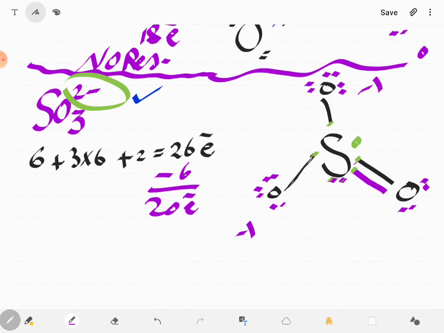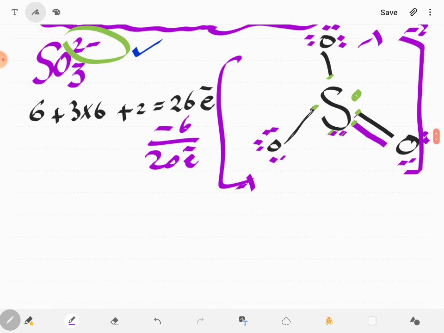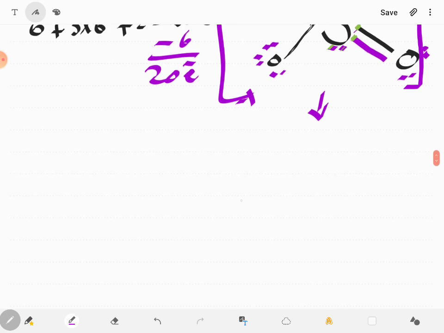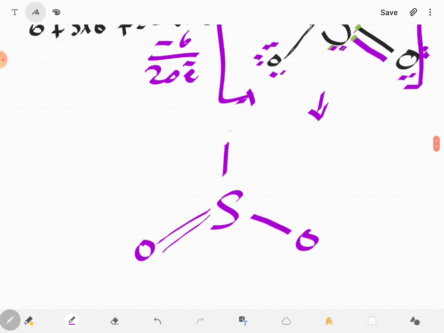In this case, I can write minus 2 up here. But does this have resonance? Yes, of course, because the structure could be like this. S. The charge could be here, and here oxygen, 1, 2, 3, 4, 5, 6, and 1, 2, 3, 4.